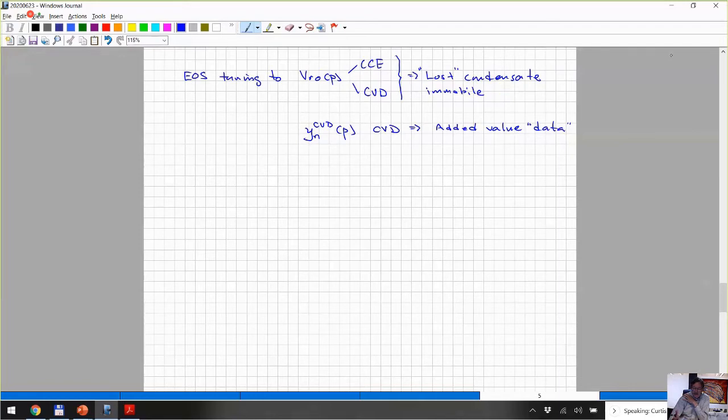That's the main reason. And the C7 plus, C5 plus, whatever you're calling condensate surrogate, is the added value. You want to get that right. That's equivalent to the Rs, which we know is very close to the reducing oil gas ratio at the average pressure. So getting those things right is very important to the economics, whereas getting the liquid dropout matched exactly or very closely is not important in terms of performance.